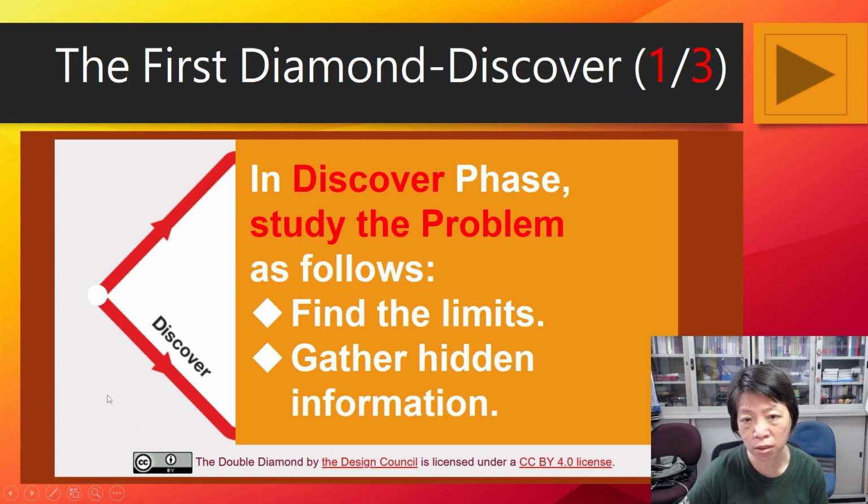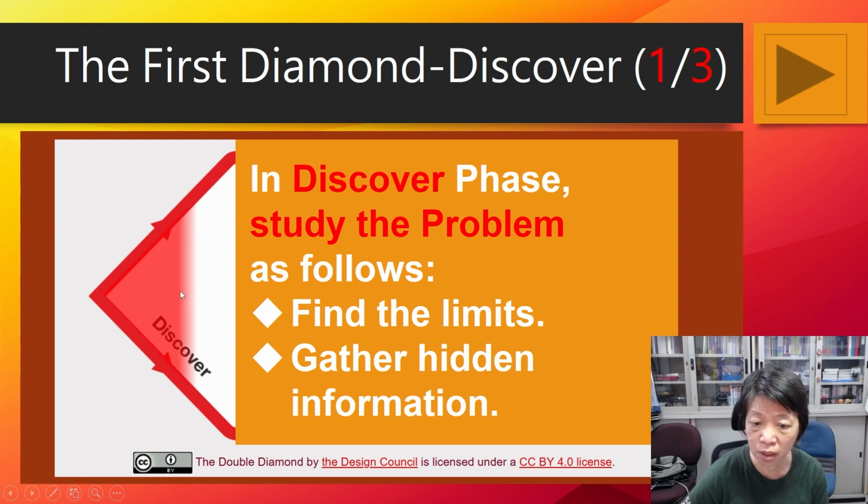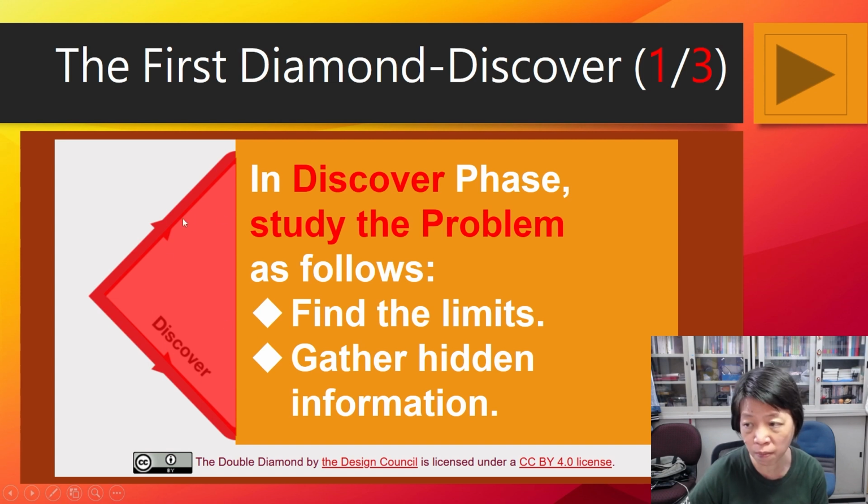And in the first phase, discover, we must study the problem as follows. We must try to find the limits. Then we try to gather hidden information to help us clarify what the problem really means. And then we start from problem version 1, and then we find the limits and get the hidden information, and the insight becomes as vast as an area.